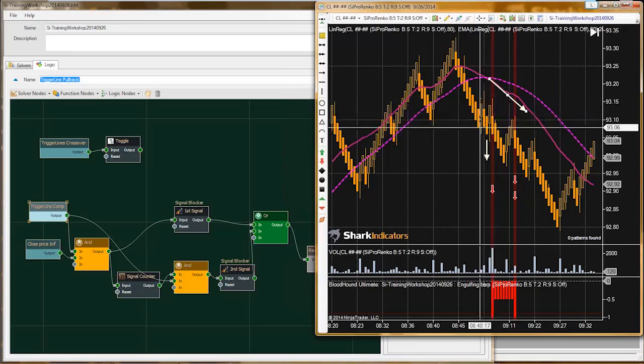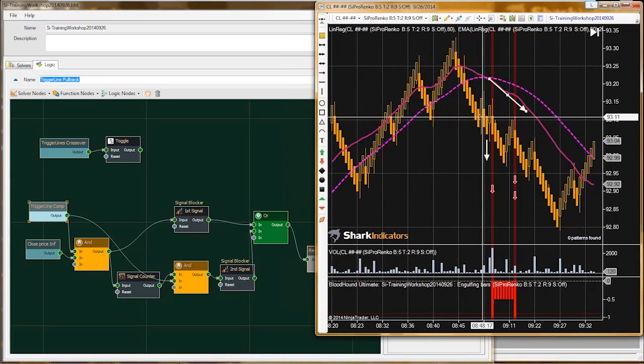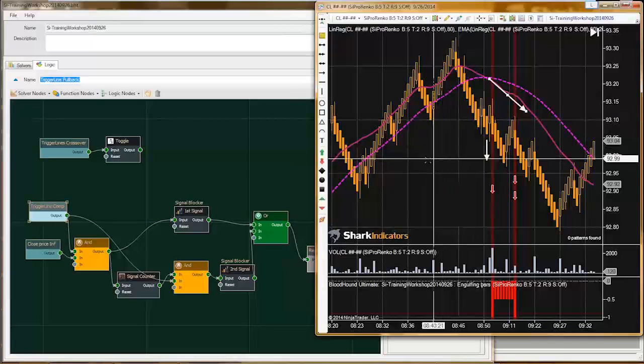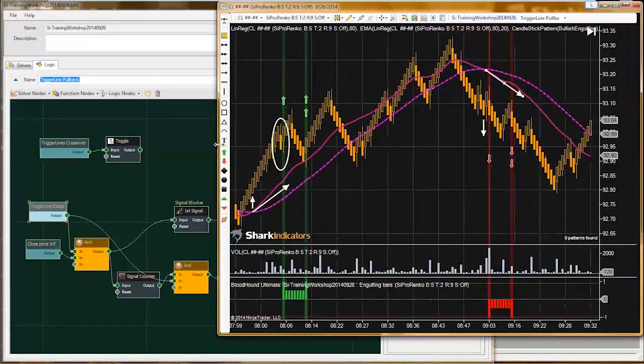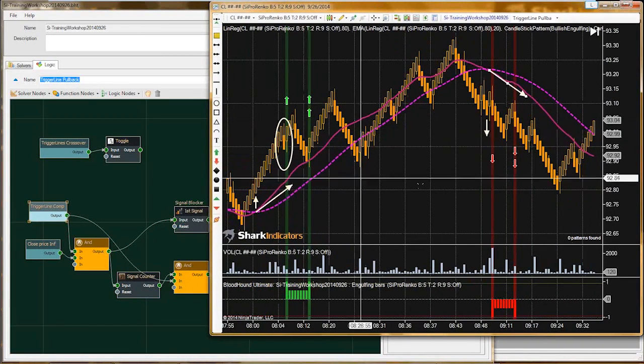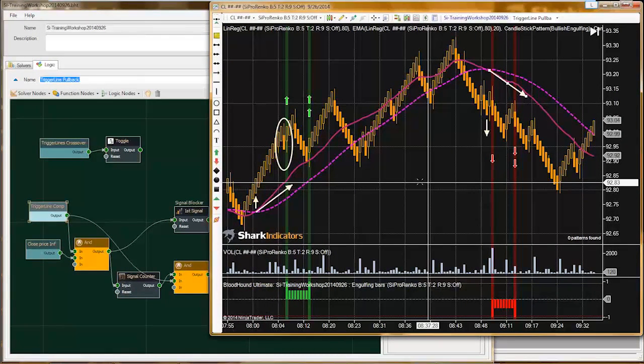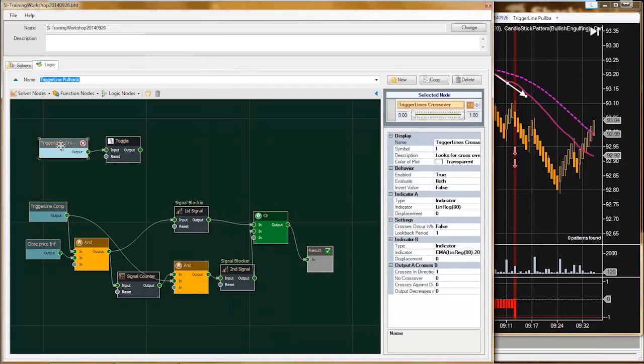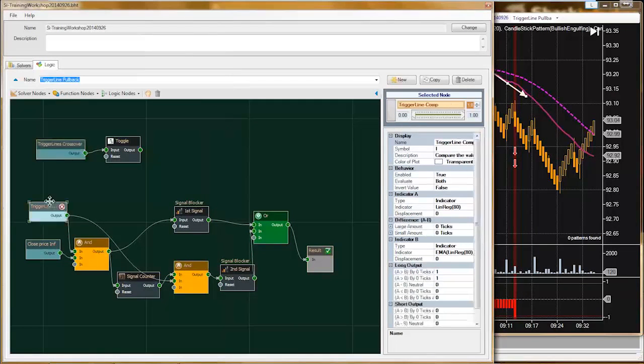So I found another way to build the same signals, to build what I wanted, using a different process. I used the signal blocker and the signal counter, and instead of using the crossover solver, I ended up using the comparison solver.